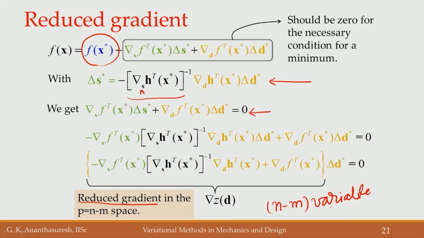Instead of n variable space, we eliminated m perturbations which we called solution variable perturbations. So, we are left with n minus m, it is called the reduced gradient, it is in a smaller space, and here the first order term has to be equal to 0.